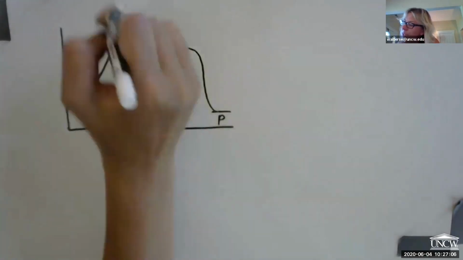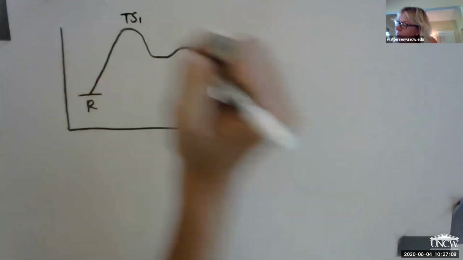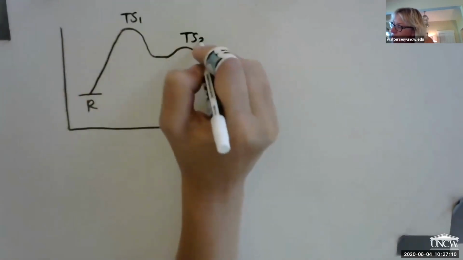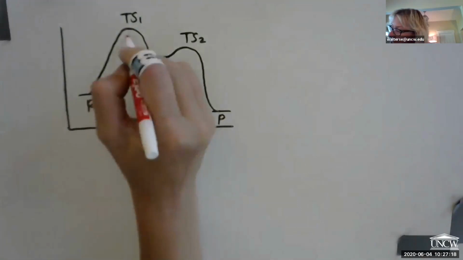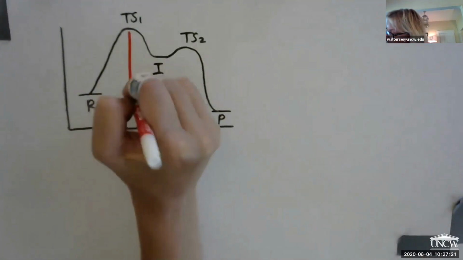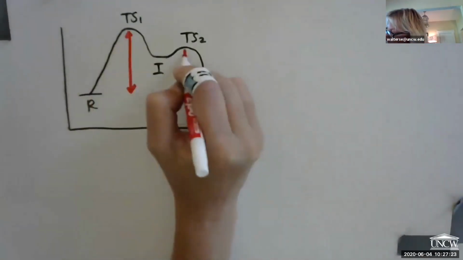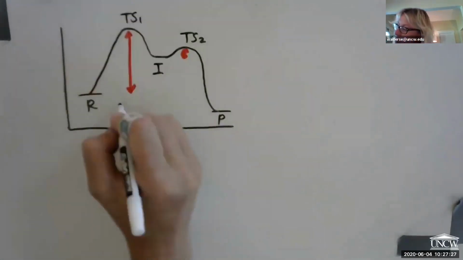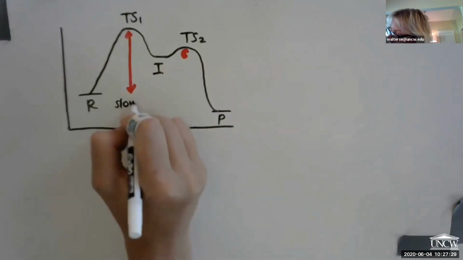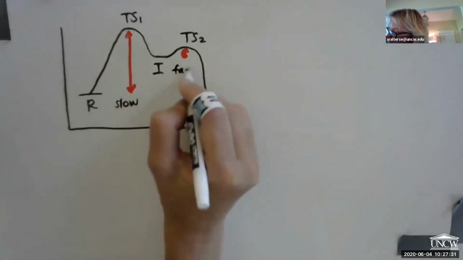Right, so we have transition state 1, transition state 2, and 1 intermediate. The activation energies are here and here. Step 1 is the slow step. Step 2 is the fast step.